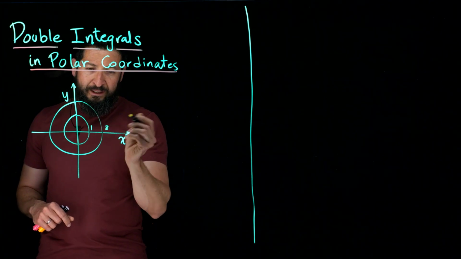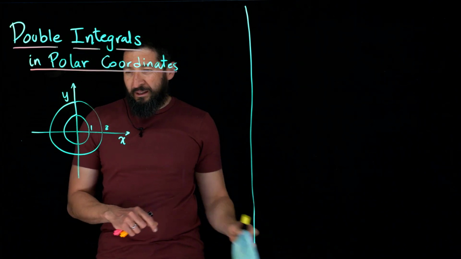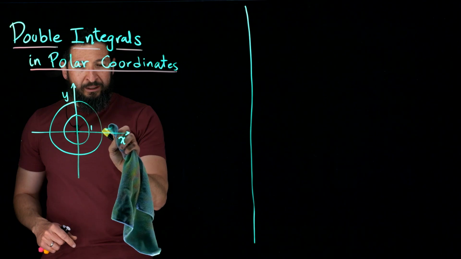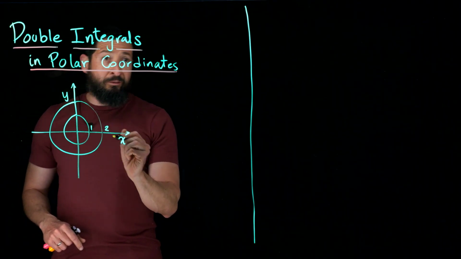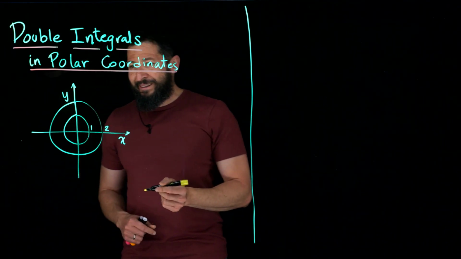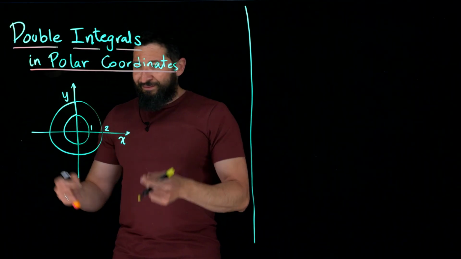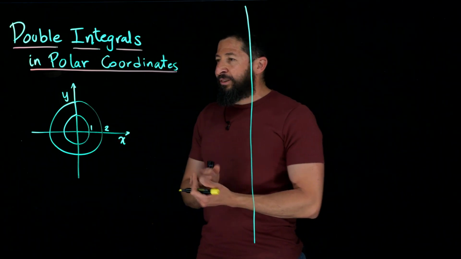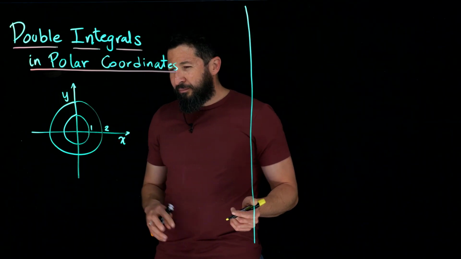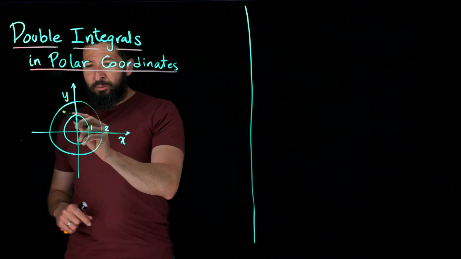So I will, that's 1 and 2, let's say. That doesn't look like a 3, it looks like a 1 and a 2. So let's say you have 2 concentric circles, and you want to integrate over this region.